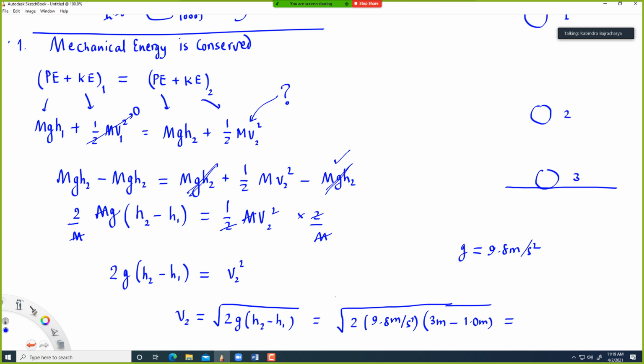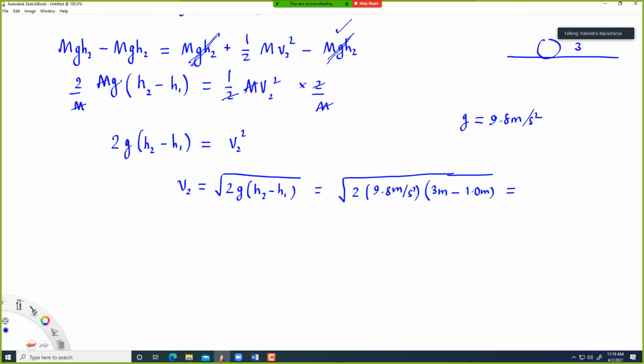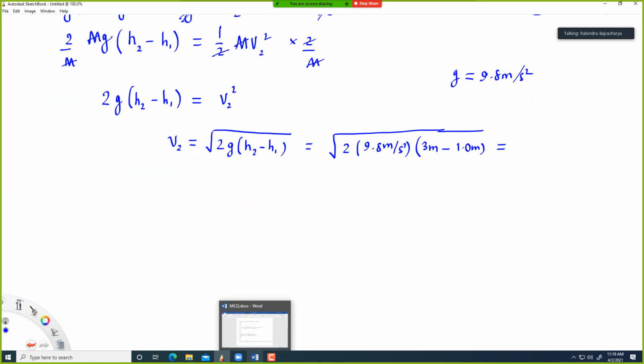Now, let us look at number 2. Number 2 is also a similar kind of problem. It's about the conservation of mechanical energy. A dart of mass 0.1 kilogram is pressed against the spring of the toy dart gun as shown in the figure on the right. The dart gun has a spring which is initially compressed. Whenever you compress a spring, you store potential energy in the spring.